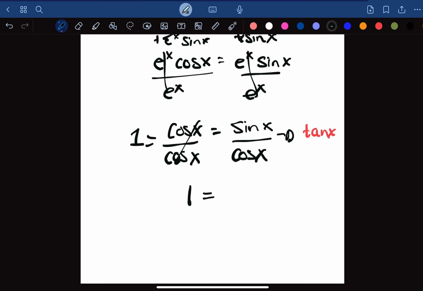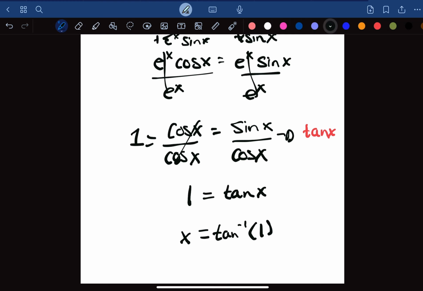So now what I have is that 1 is equal to tangent x. So now to solve for x, I can take x is equal to inverse tan of 1, which, plugging this into my calculator, making sure it's on radian mode, is equal to pi over 4.